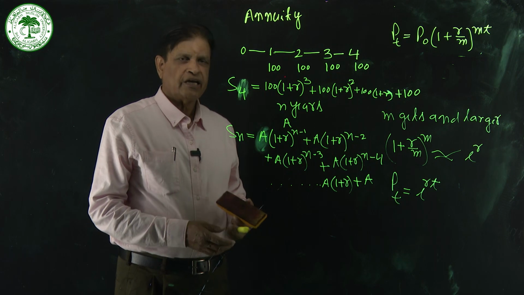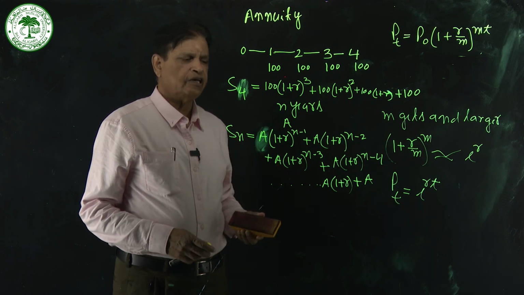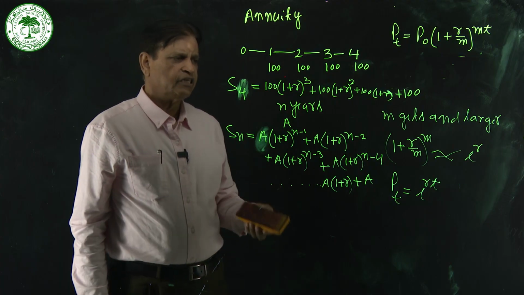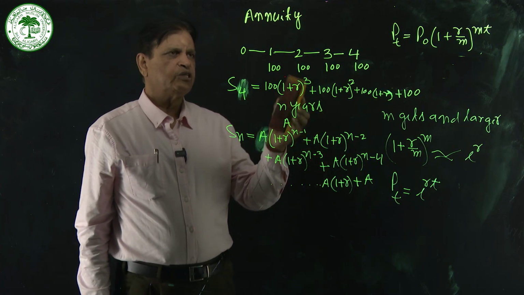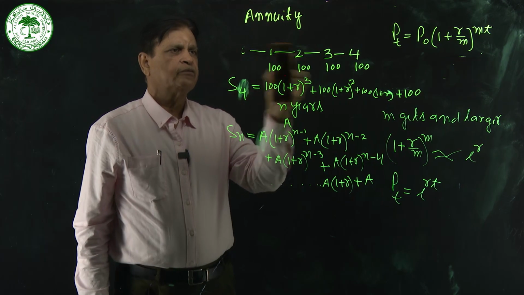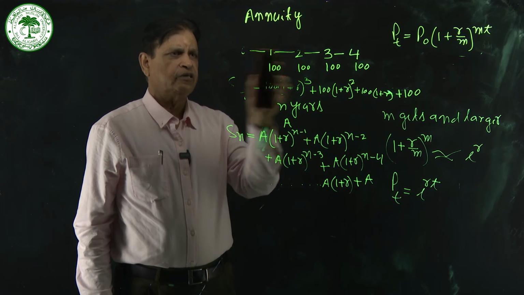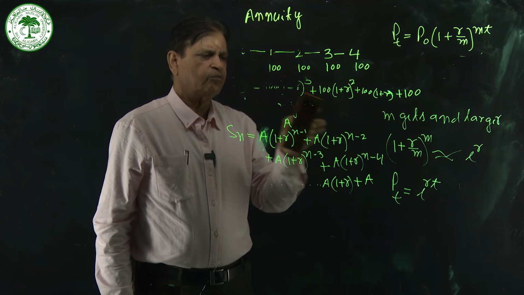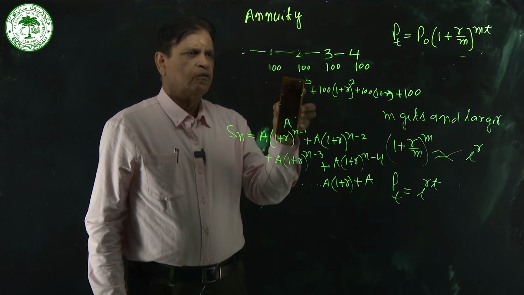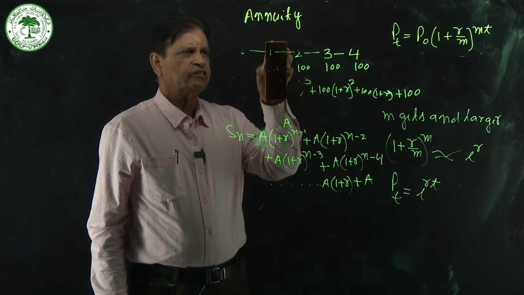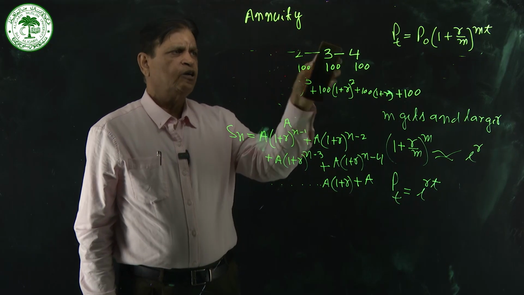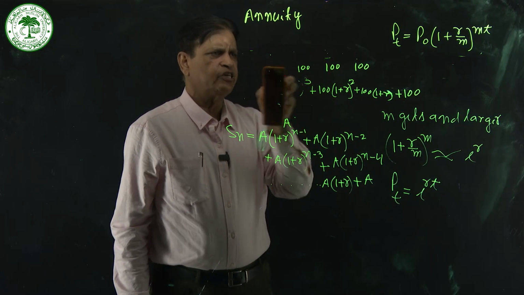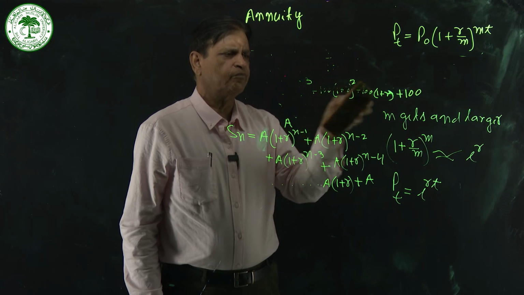So now we can do some manipulation here so that we can obtain the sum of this annuity. For this, we are going to remove all this. Now in finding the sum of the annuity, whether it is a deposit, a withdrawal or a cash flow, it doesn't matter. The technique of finding the sum will be the same.